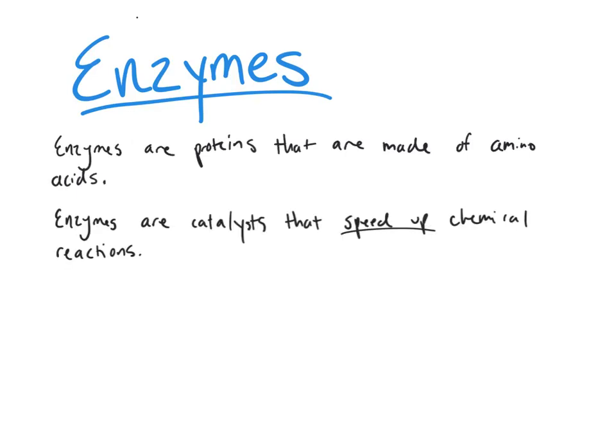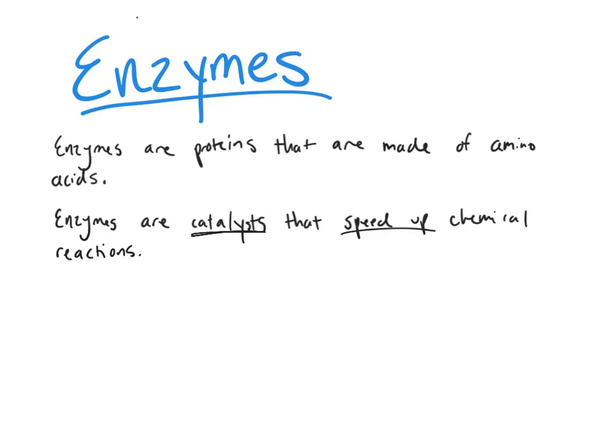Because enzymes do speed up chemical reactions, we call them a catalyst. And it's really important to note, connecting it back to the laws of thermodynamics, that enzymes don't make more product and they don't make more energy than you would get from that natural chemical reaction.